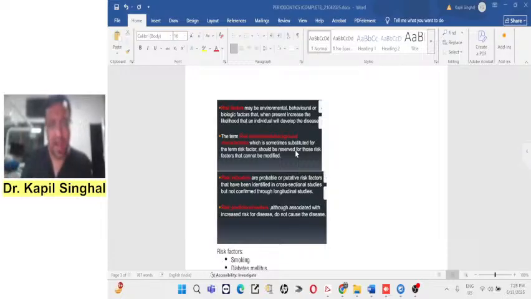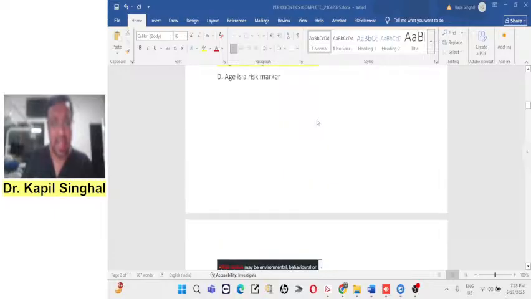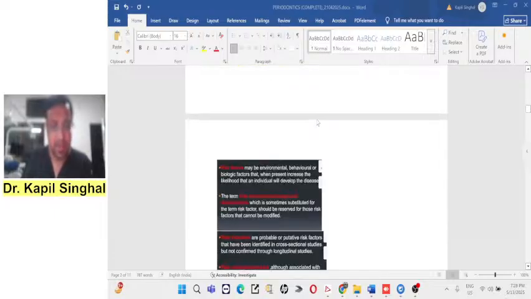So a risk factor may be an environmental, behavioral or biological factor that increases the likelihood of the disease. All those factors which increase the likelihood of the disease are risk factors. Risk determinants or background characteristics are the risk factors which cannot be modified.